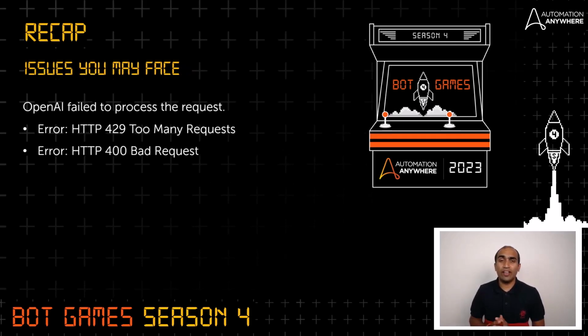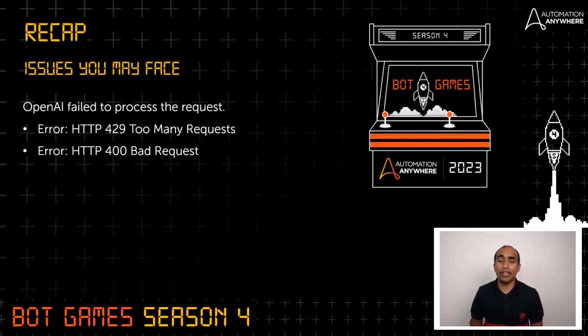So it is not foolproof. Yes, we all know that. Because this automation includes a generative AI component, you may face a couple of issues when you are building or even executing your automation. Some of the common issues you may face is an HTTP 429 error, which means you have put in too many requests within a short period of time to ChatGPT.